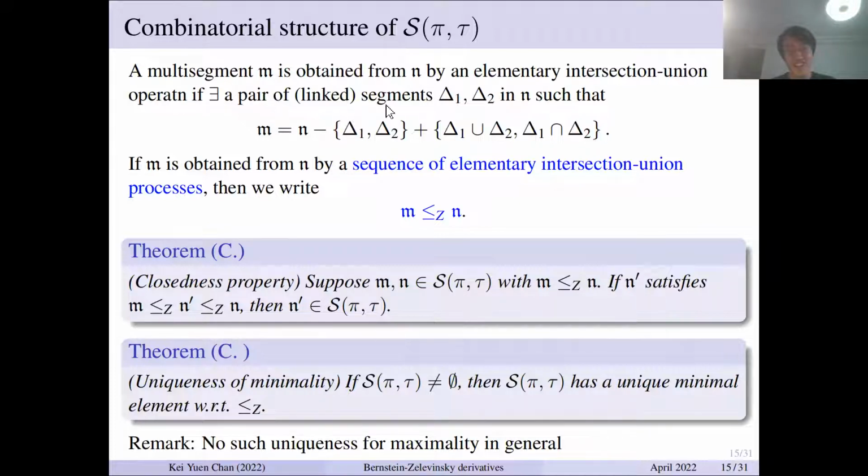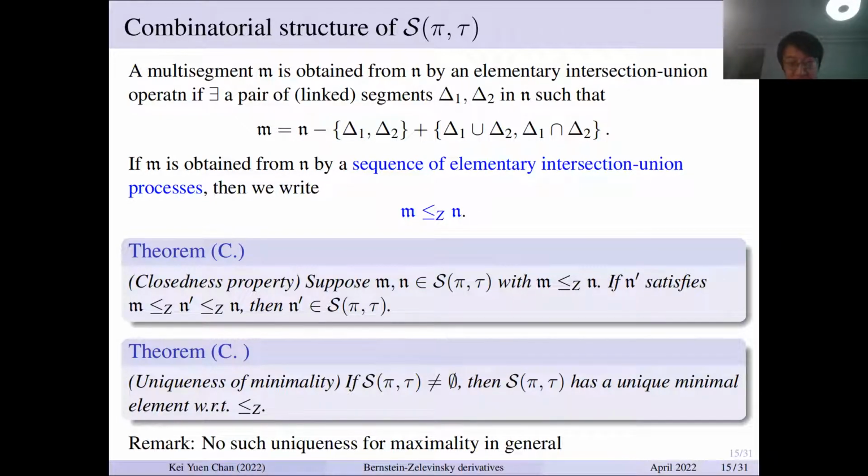If there is a pair of linked segments, delta 1, delta 2, such that if you replace delta 1, delta 2, the segments in N, by their intersection and union, then we get M. In such a case, we say M is obtained by one intersection-union. If we do it in a sequence, then we get the ordering that M is smaller than or equal to N.